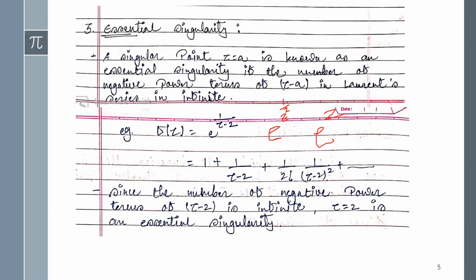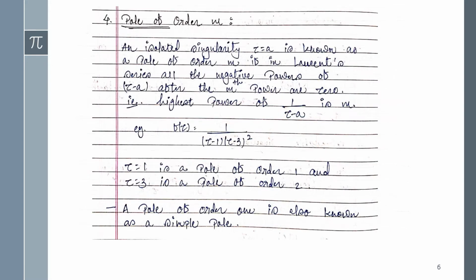Okay, now the next one is the pole of order m, and again this one is very important for the examples also. The definition is given in isolated singularities: z equals a is known as a pole of order m if in the Laurent series all the negative powers of z minus a after the mth power are 0.